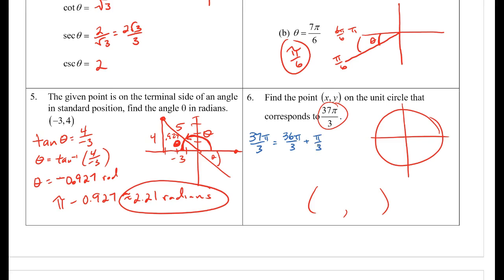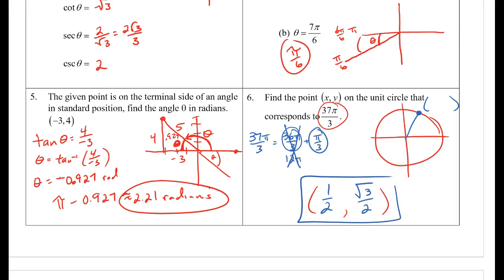And I picked 36 pi over 3 because I know that this reduces down to 12 pi, which is 4 full revolutions. So this just goes away, and we're left with pi thirds. So pi thirds is right here on my unit circle. And so we have an ordered pair of 1/2 and rad 3 over 2.